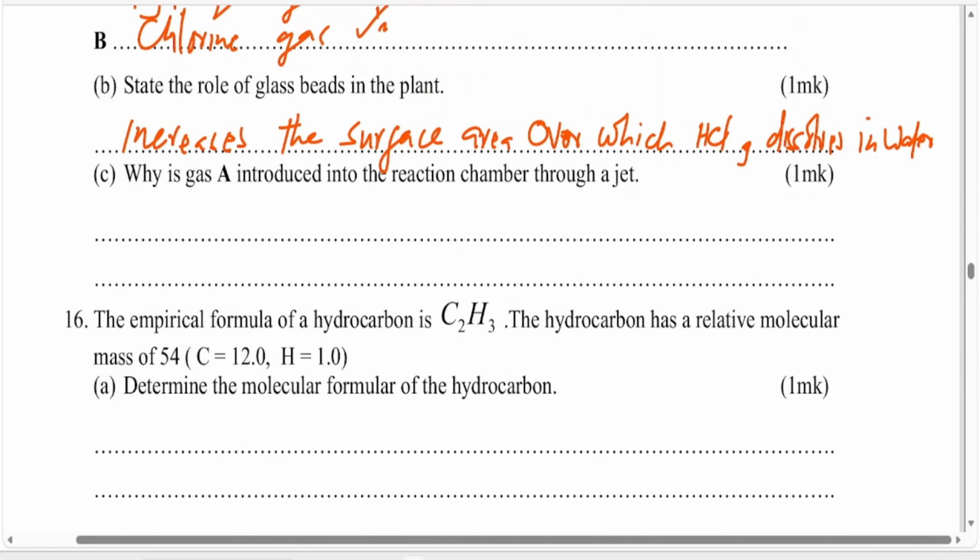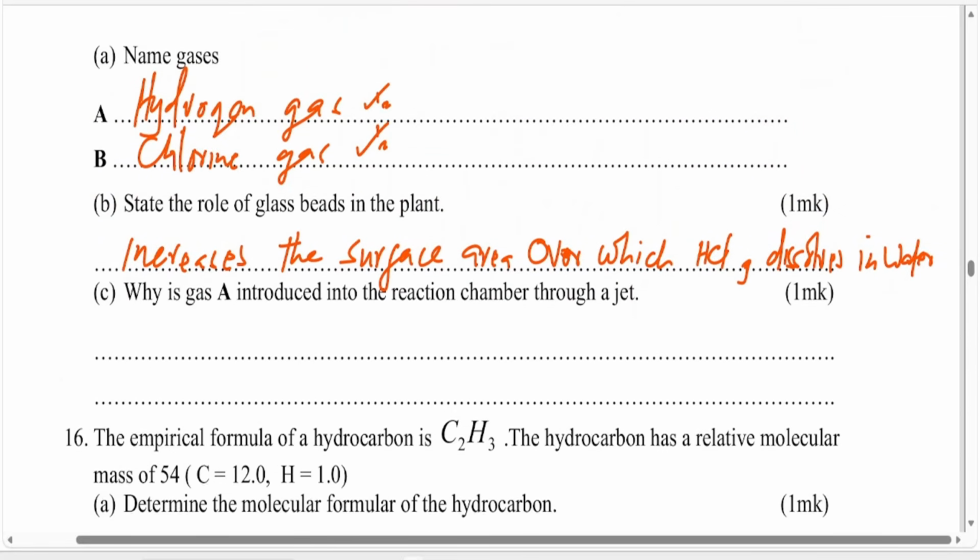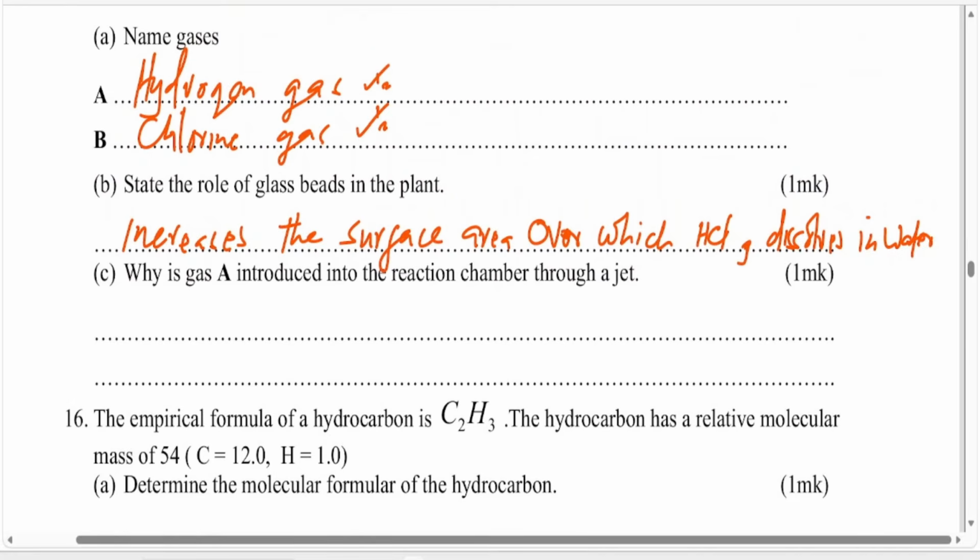Let's look at part B of the question. Why is gas A introduced into the reaction chamber through a jet?